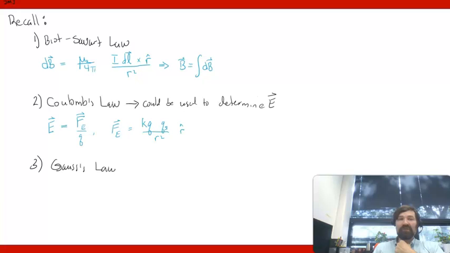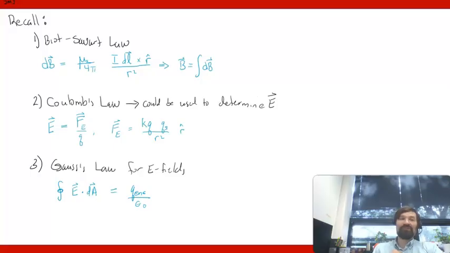For E fields, it says that the integral about a closed surface of E dot dA is equal to the enclosed charge, however much charge is enclosed by that surface, over epsilon naught.